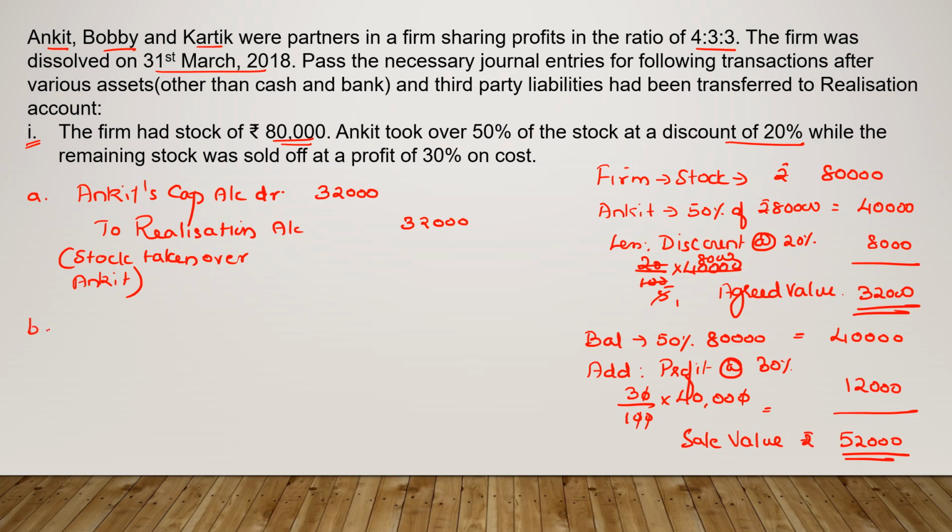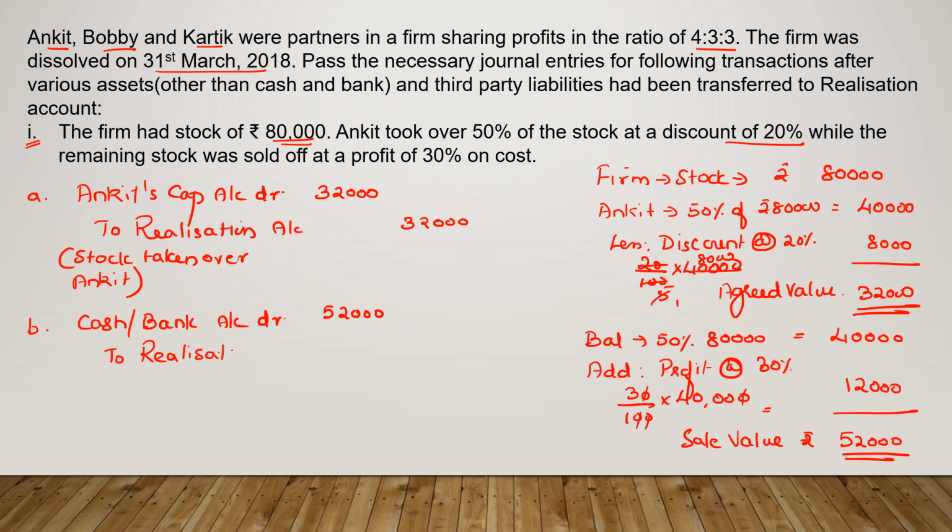For this, what is happening? It has been sold. So what happens? Your money is going to be realized. So we would debit cash or bank account, 52,000. And again, we are going to be crediting realization account. I have already told you the logic, because all the assets have been transferred to realization account.